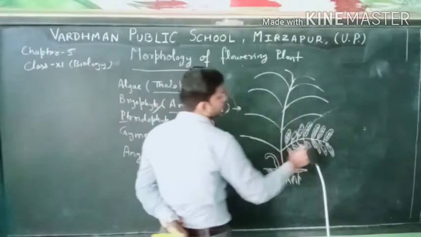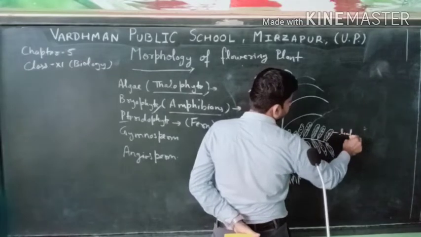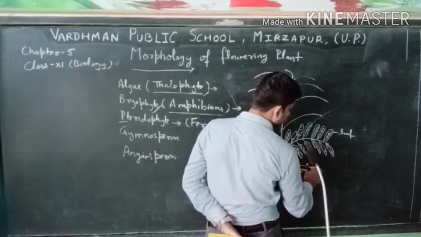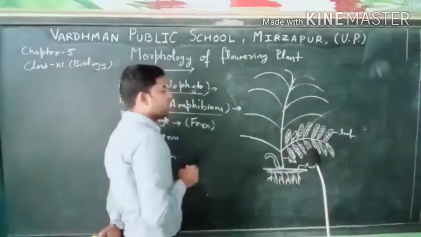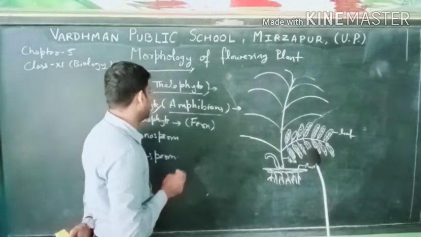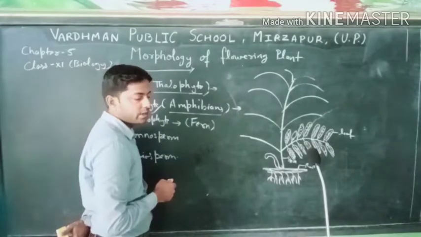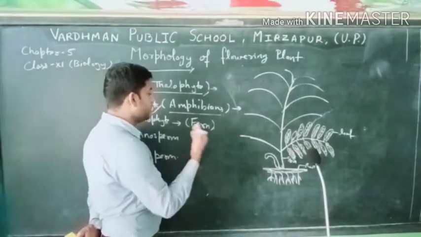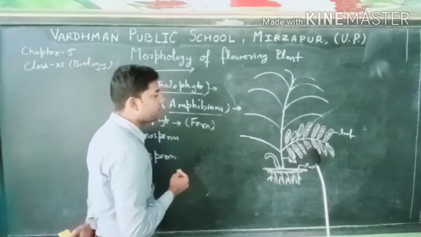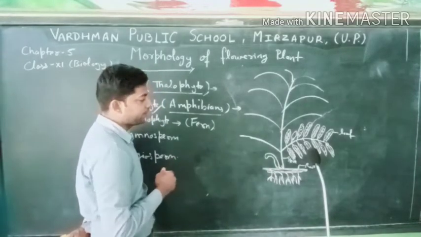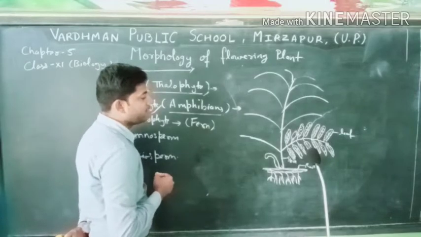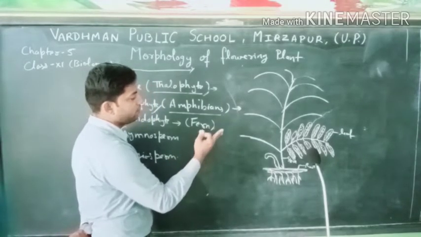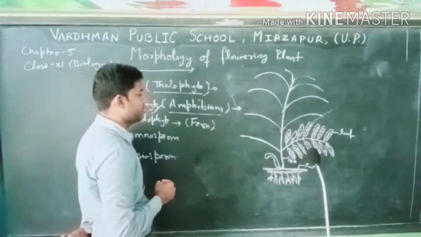In such a plant, true leaf, true stem and true root-like structural organization are present because of the presence of vascular bundle. But here the vascular bundle is not completely developed, so it is named the stellar system, where xylem and phloem are present, due to which they transport water and food substances.